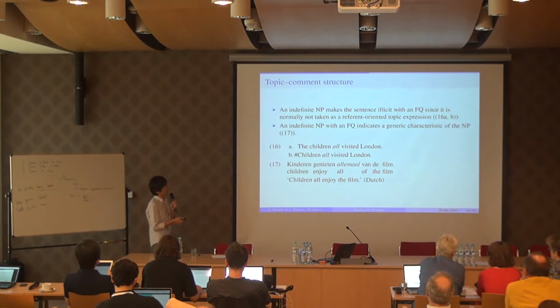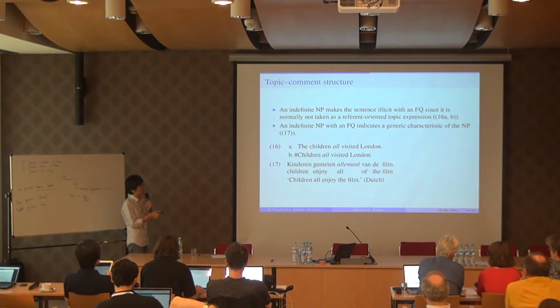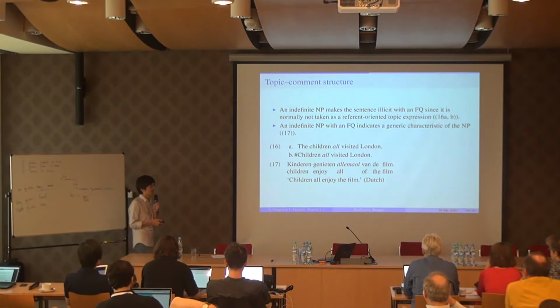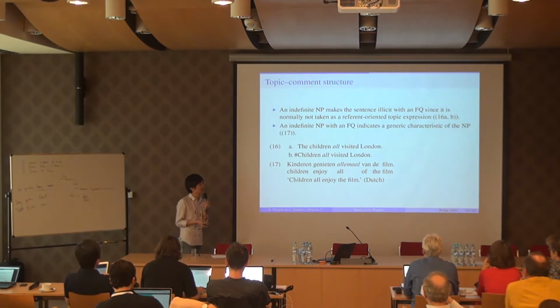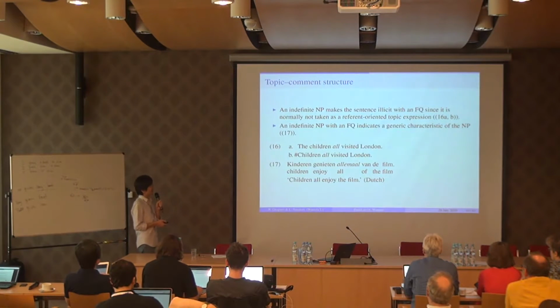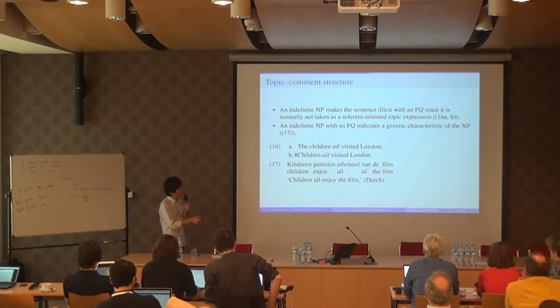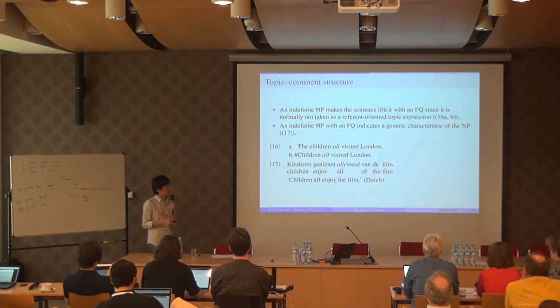That tells us that the subject NP with the quantifier is a kind of topic that requires some kind of reference in the discourse. Typically, it's possible to put an indefinite NP with a floating quantifier like in 17. That's a Dutch example. But in that case, the following background must be some kind of generic statement about the subject.